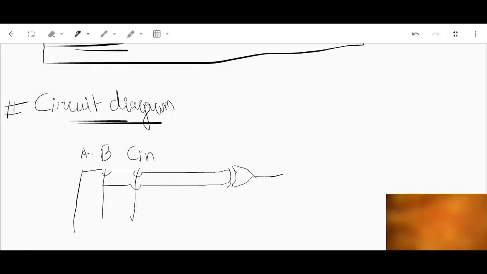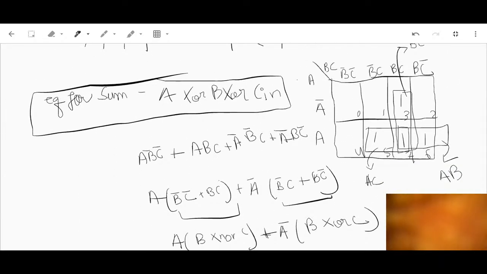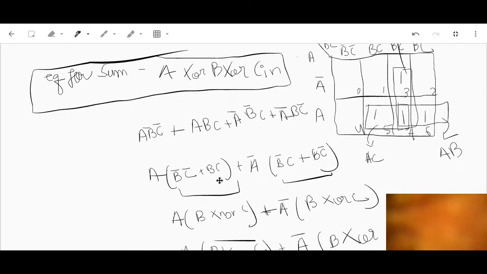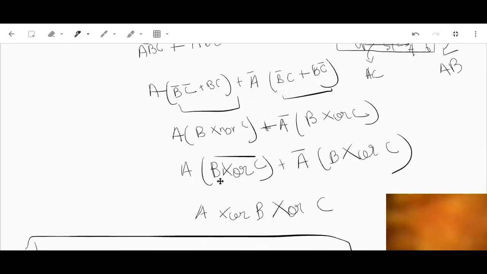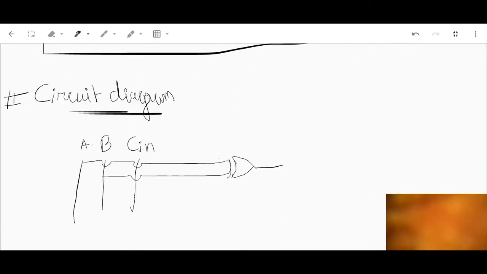So this is the XOR gate, and after that we have to make A XOR B, and then A XOR B, then XOR C. Means we have to take one connection from the C in input and then connect it with the first XOR, and then the second XOR, like that, and that will be the sum.